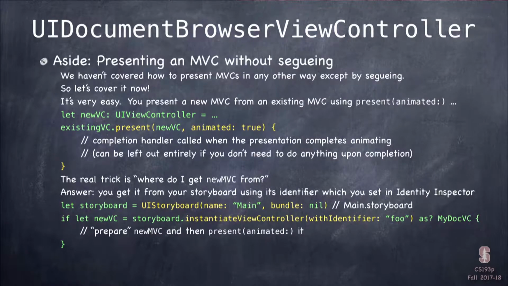And that foo that you have there is the thing that's in my identity inspector for the top level controller of that MVC. And that's it. Now you just prepare that thing, in this case, by setting its document, and then you just present it. So it's really, really easy. instantiateViewController with identifier is the key method that you need out of Storyboard.